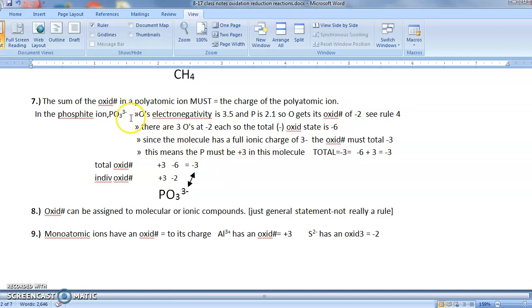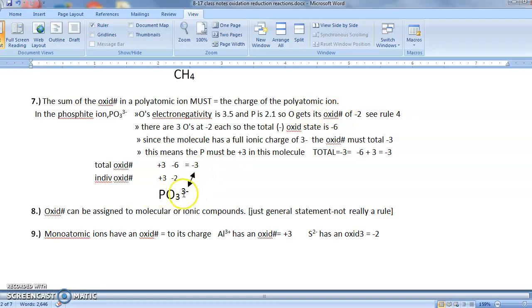So who do we assign first? Well, we look to see who has the higher electronegativity, oxygen or phosphorus. Oxygen is going to get its -2 almost every time, if you look at rule 4. Why is that? Because oxygen's 3.5, phosphorus is only 2.1. So the oxygens will get assigned a -2.